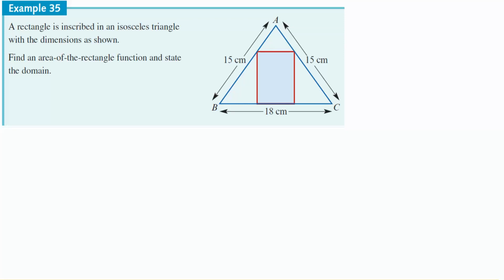Two minutes left. You can't know by looking at it. Wait, I need my ruler.